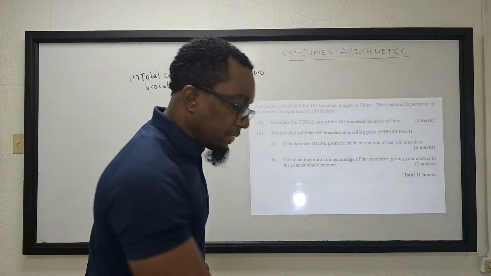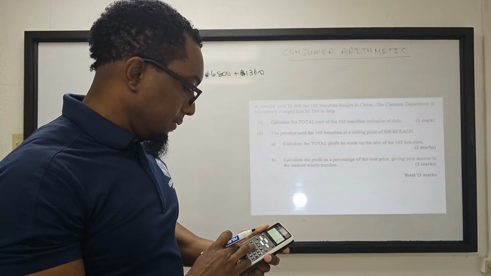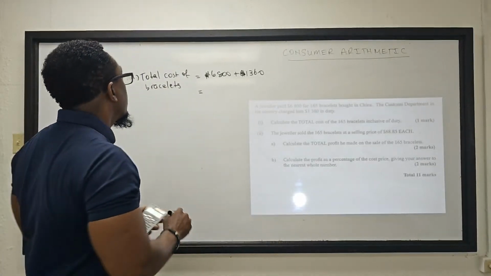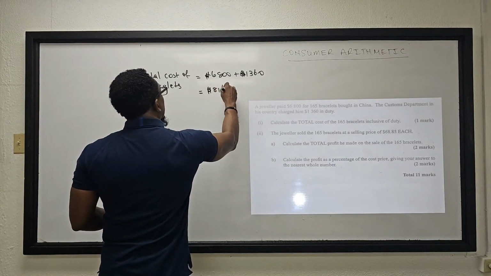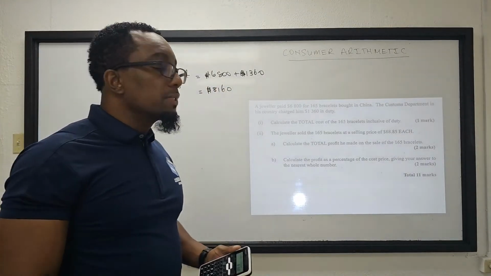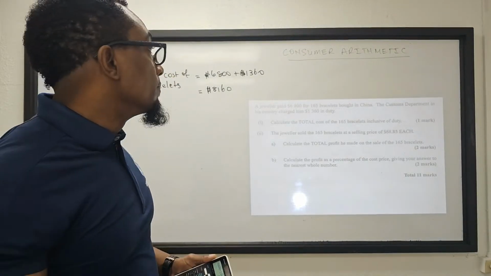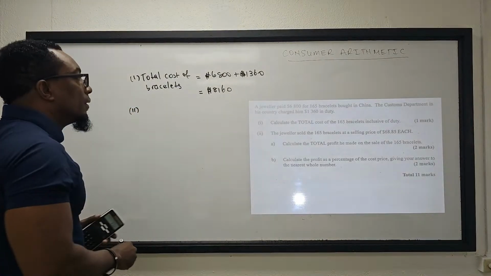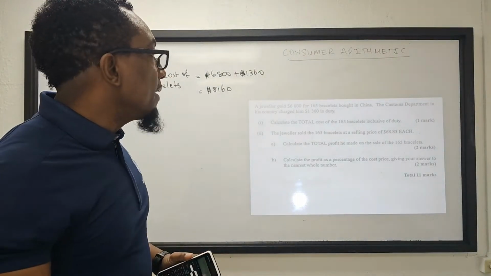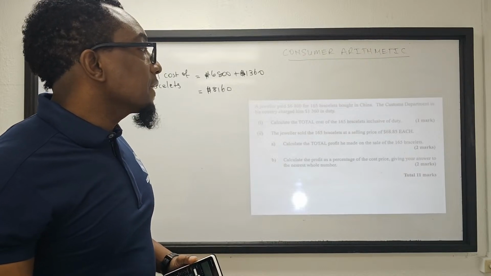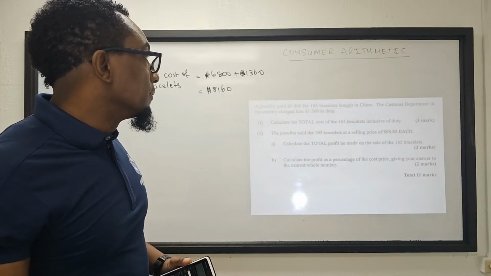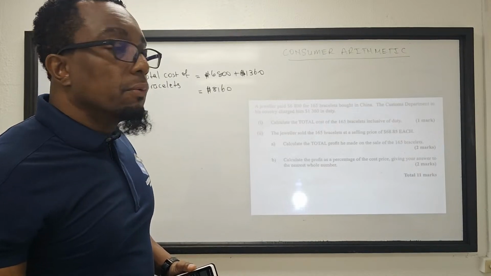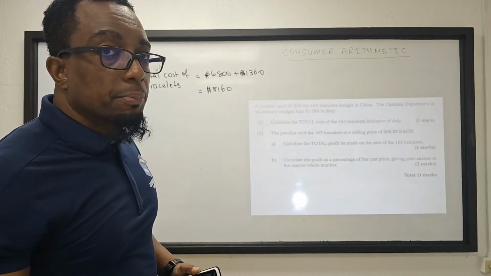So 6,800 plus 1,360 will give us $8,160. That will be the total cost of the 165 inclusive of duty. And part 2, the jeweler sold the 165 bracelets at a selling price of $68.65 each. Calculate the total profit he made on the sale of the 165 bracelets. What's the profit he made?